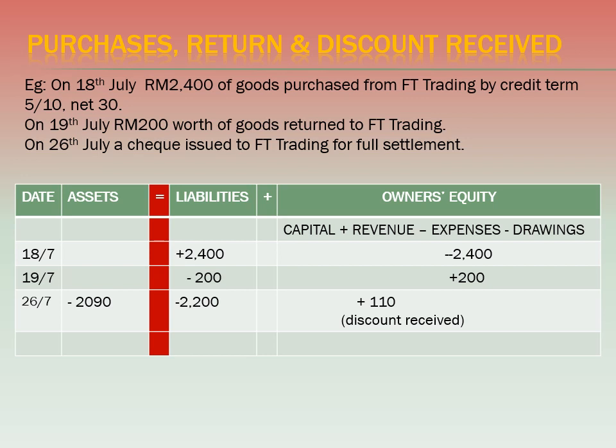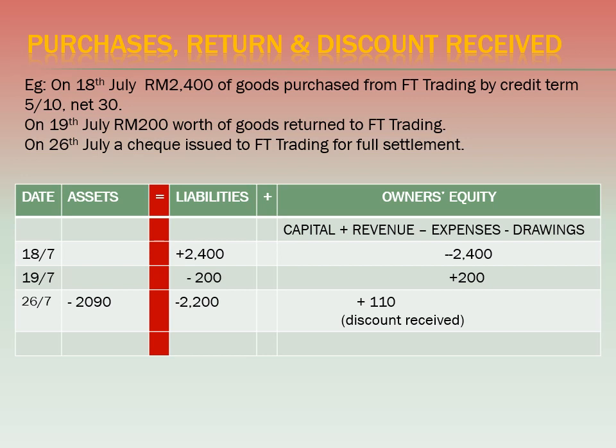On the 26th of July, we issue a check. So that means you will reduce the asset. However, probably we do not know the amount, because it says here, check issued for full settlement. So you need to calculate the actual amount owed to FT Trading on the 26th.